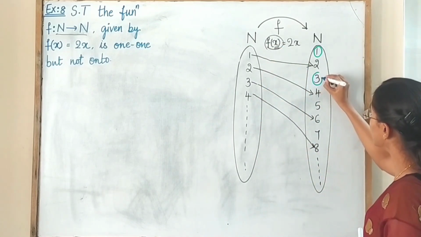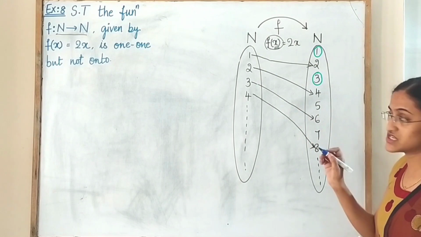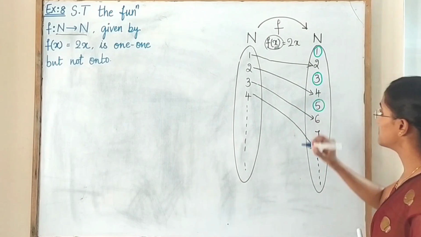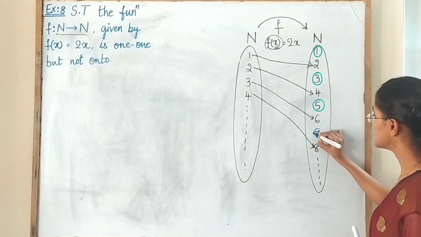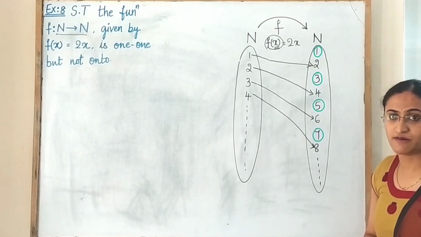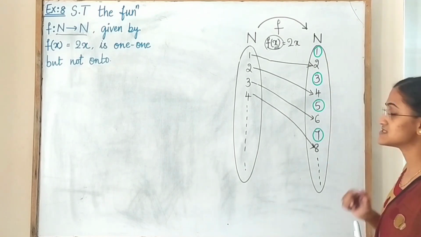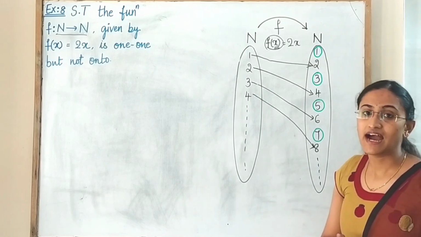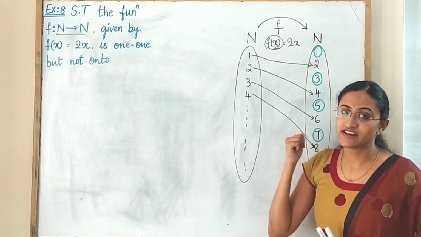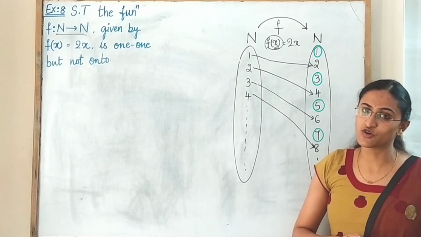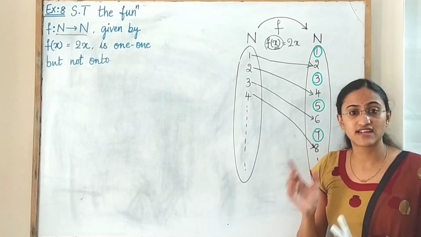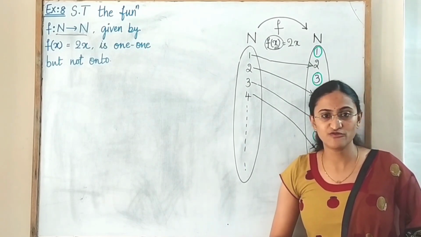Even 3 is an element and it is not mapped. 5 is an element which is not mapped. 7 again it's not mapped. You can just check out that no odd numbers in the codomain has been mapped, and hence you can conclude that the range is not equal to the codomain. You can conclude that the given function is not an onto function.